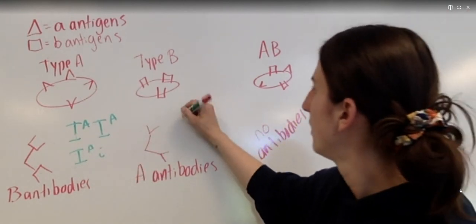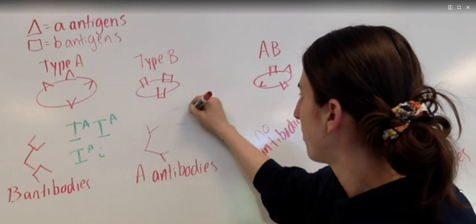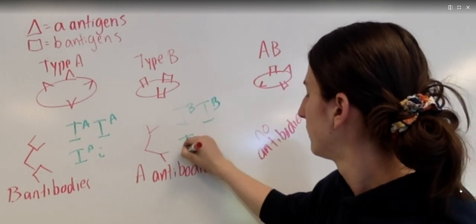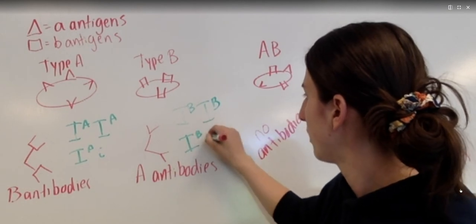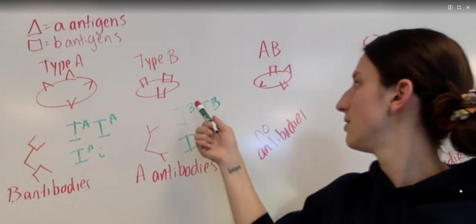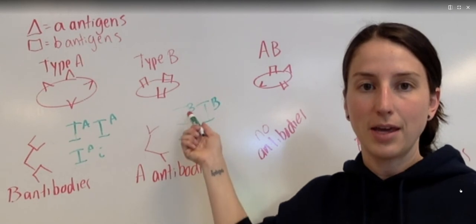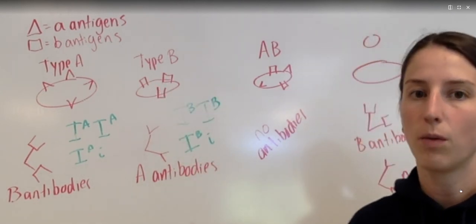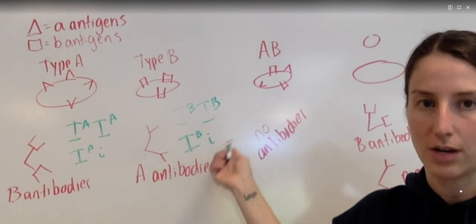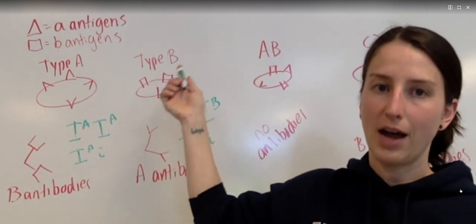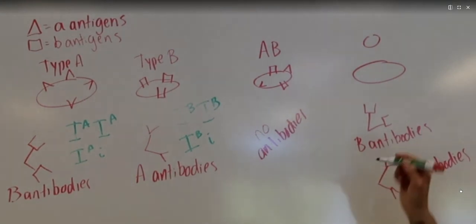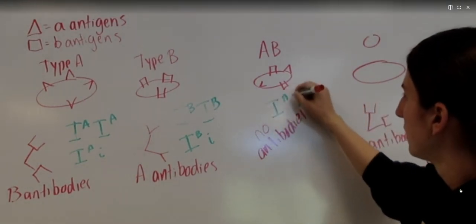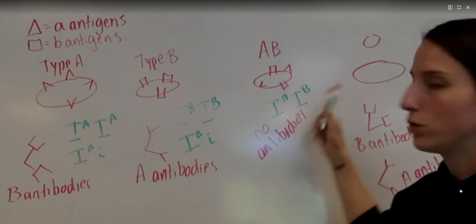B-type blood, you can either be homozygous dominant or heterozygous. This allele, I superscript B, is making that B antigen. So as long as you've got one copy of that, you're going to make the B antigen and therefore have B-type blood. AB, there's only one possible genotype for this, and this is codominance, right?